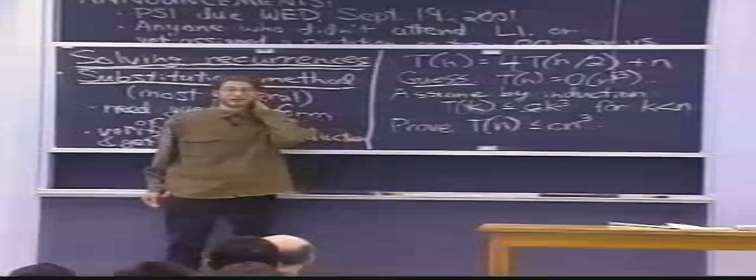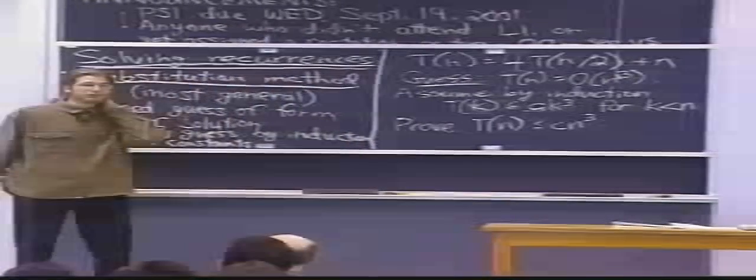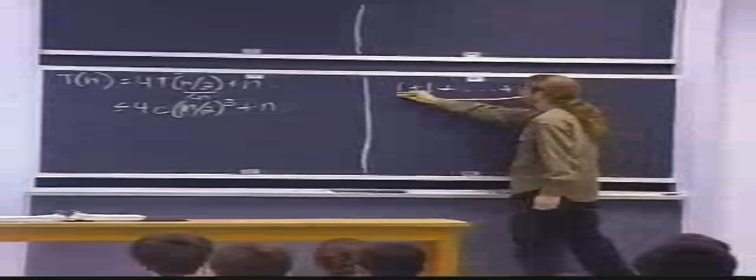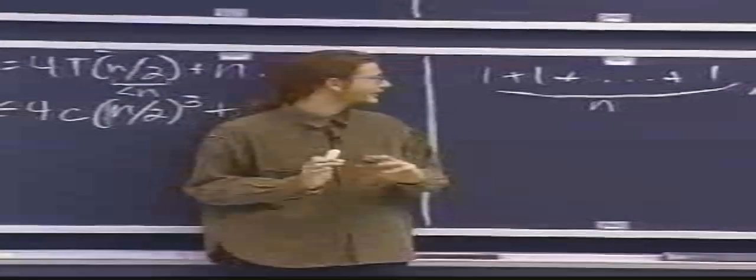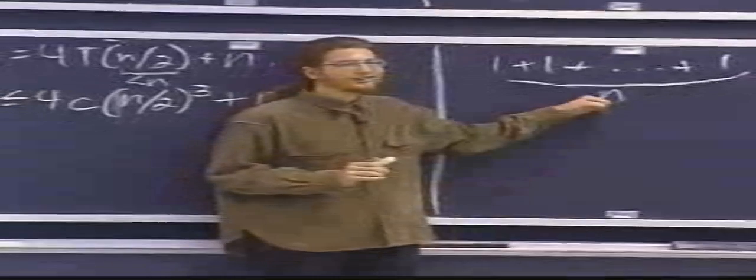O notation with induction. Okay, if you could, you can prove things like 1 plus 1 plus 1, n times. Let me write this down. If you have n of those, you can prove that that's order 1 by induction, except that it's wrong. Right? You shouldn't be able to prove that. Say, well, 1 is order 1, and then you add another 1. Each time it's still constant. But the constant is changing.